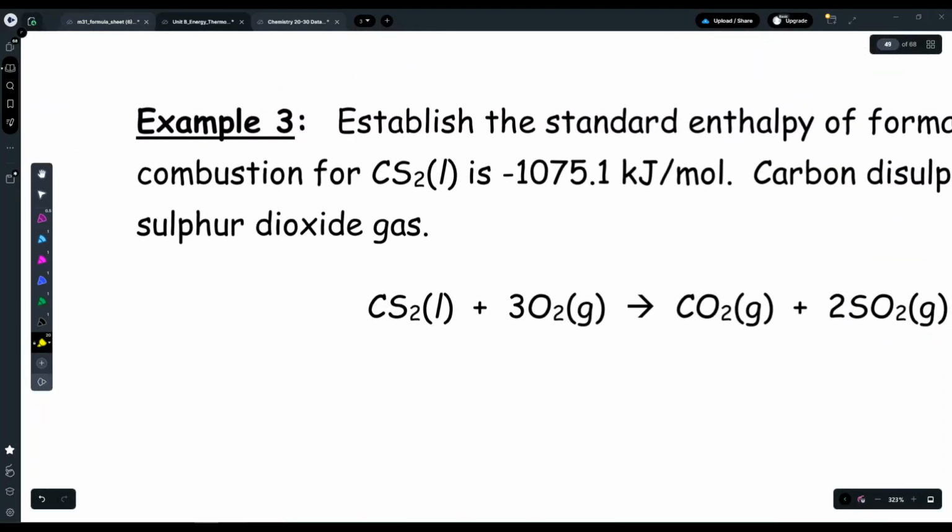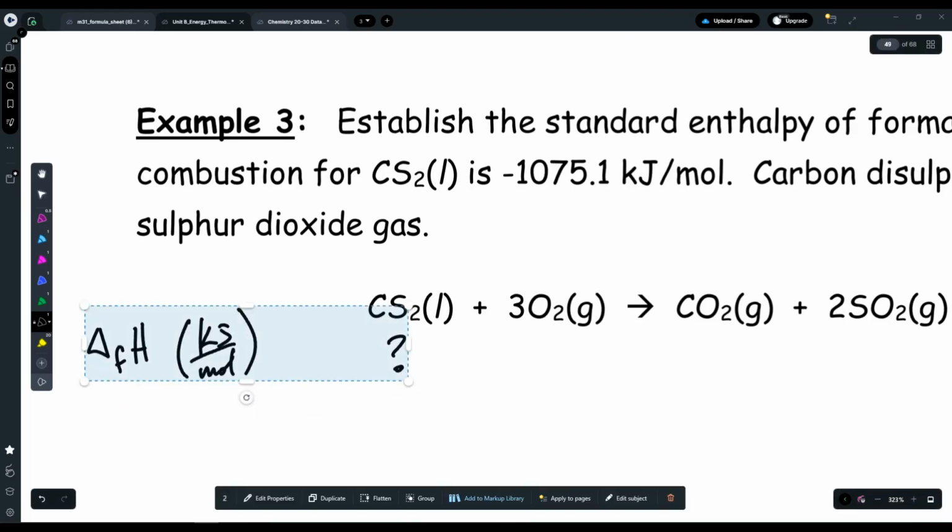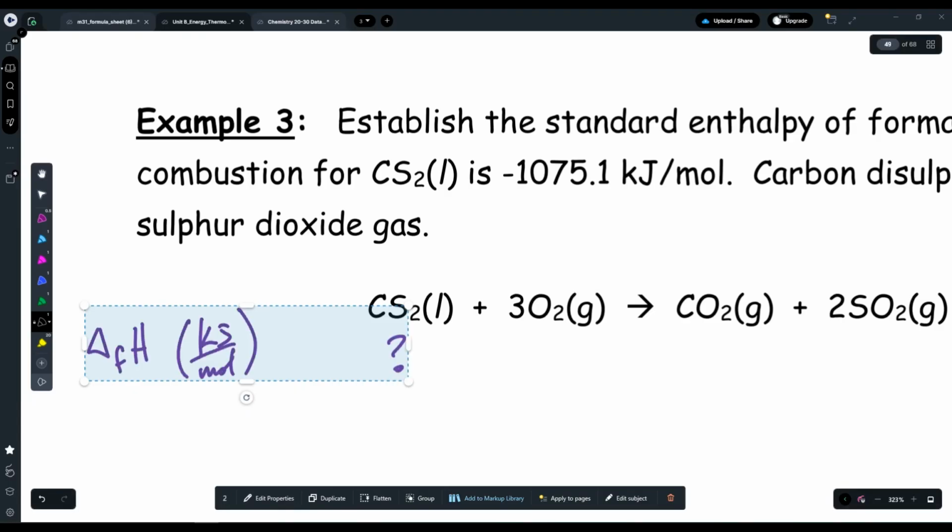So let's start like how I have been starting. The change in enthalpies of formation, which is in kilojoules per mole. For carbon disulfide, we have no clue what it is. Okay, and actually I'm going to change this to be purple so it's easier to tell the difference between what's the question and what I'm writing.